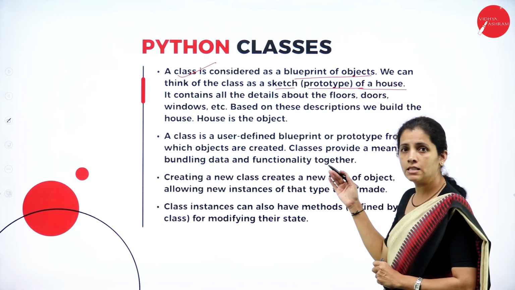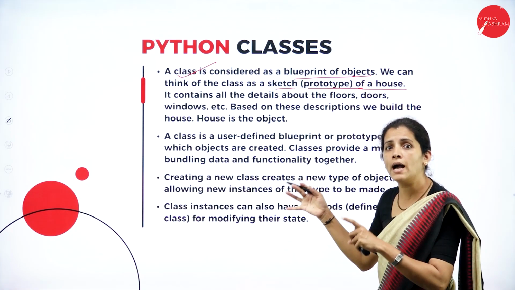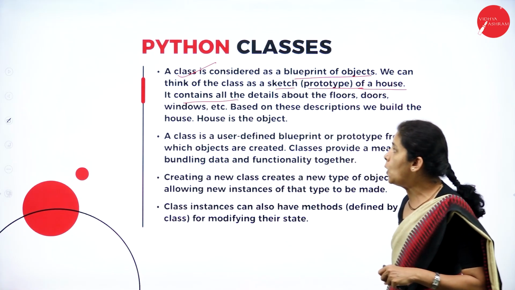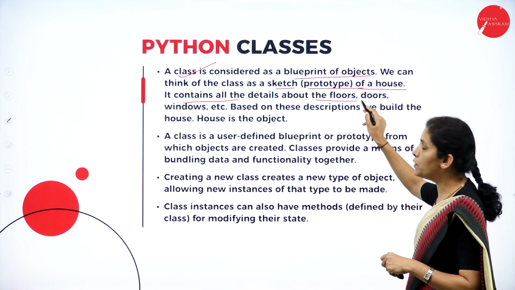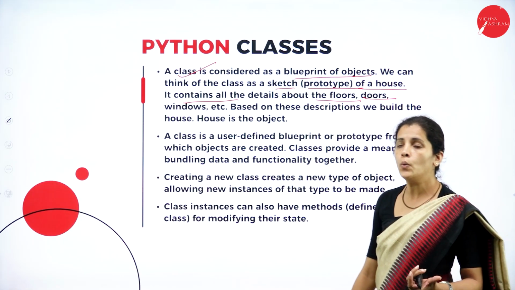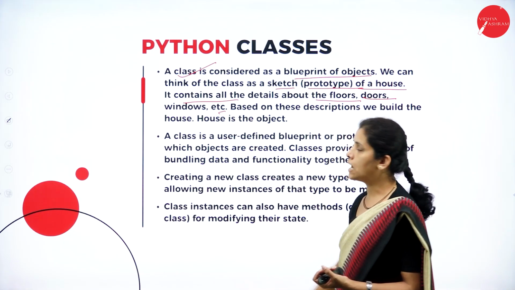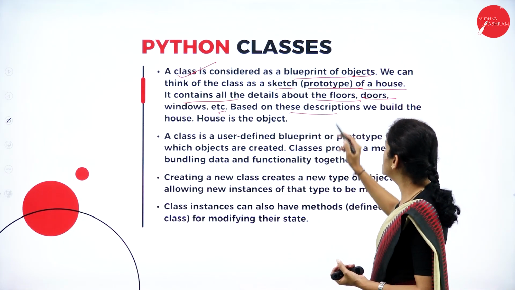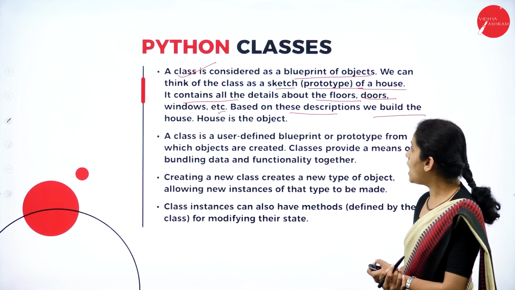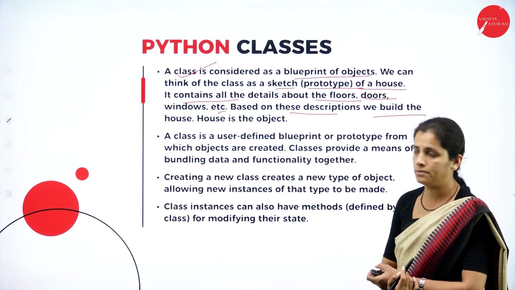So, if I consider room, room is my class. It contains all the details about the floors, how many floors, how many doors, windows, etc. Based on this description, we build the house. So, house is the object.